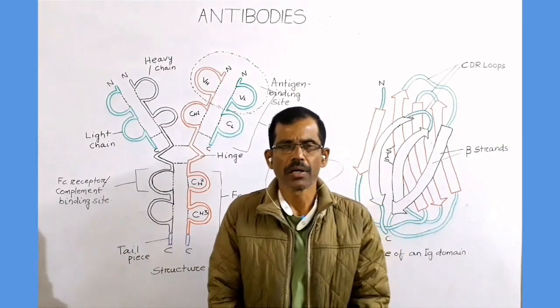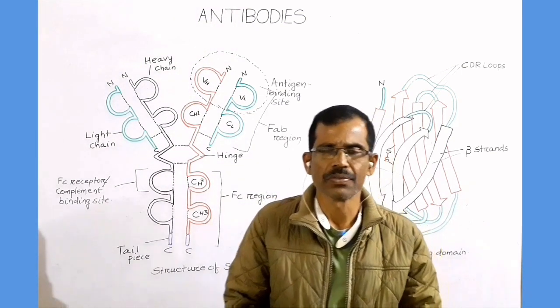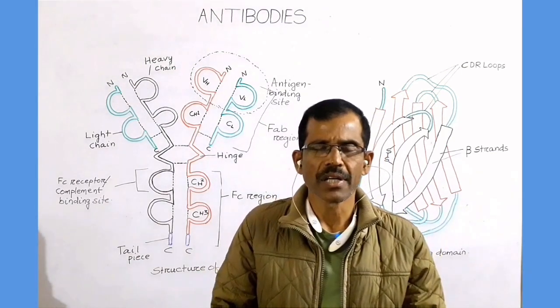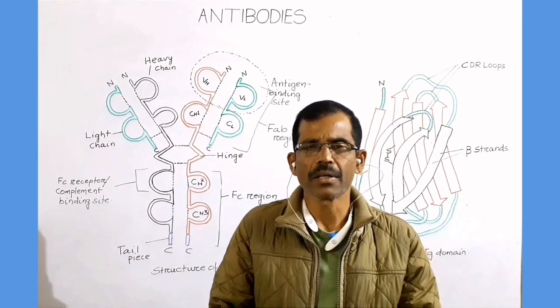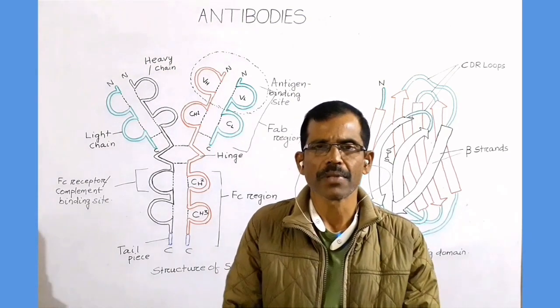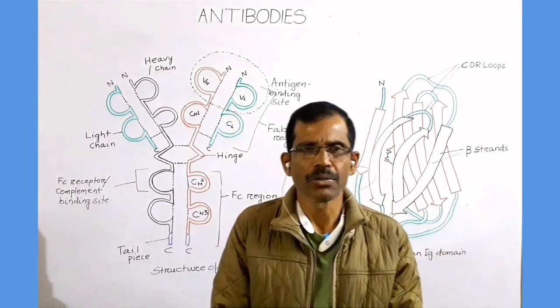An antibody molecule has a symmetric core structure consisting of two identical light chains and two identical heavy chains. The molecular weight of the light chain is about 25,000 and that of the heavy chain is 50,000.